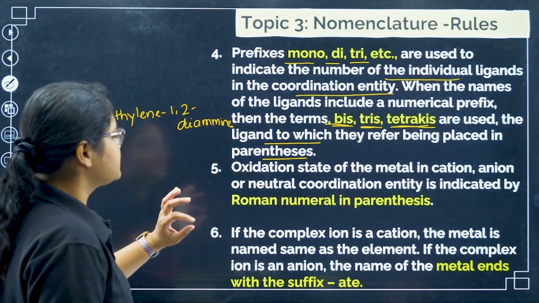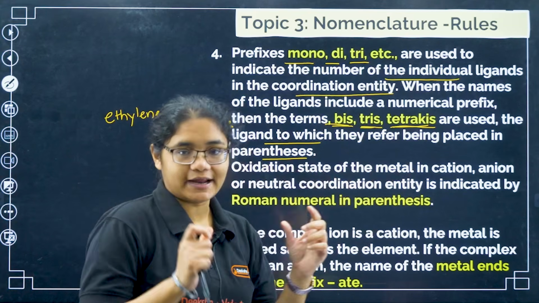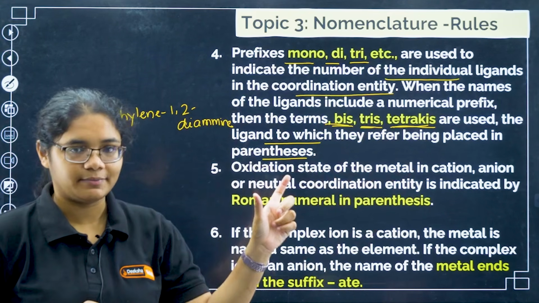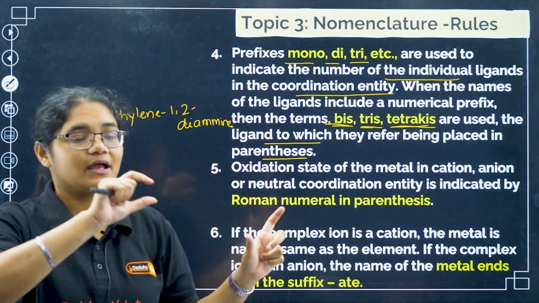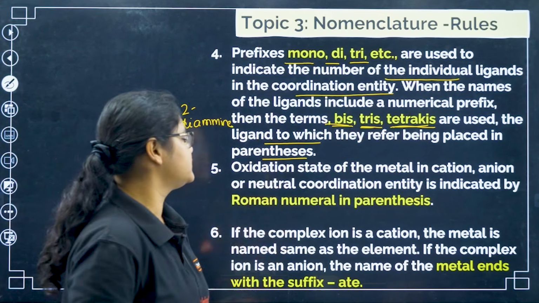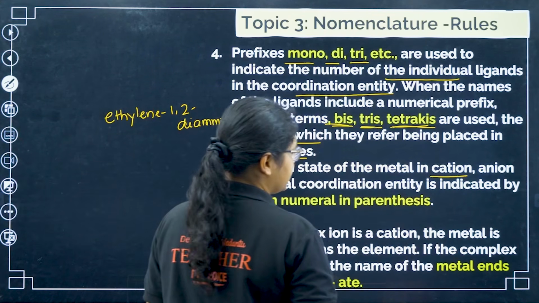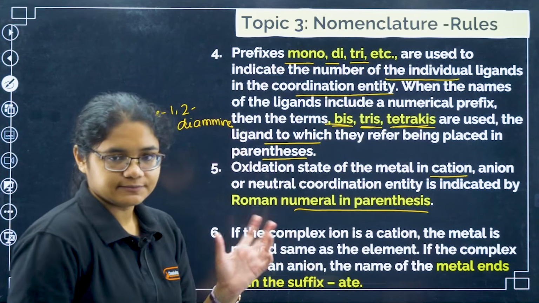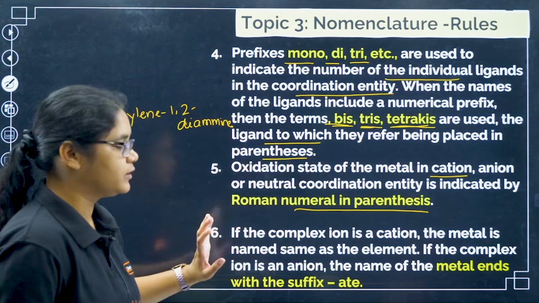Next, when you write the complex name, it is followed by the ligand names in alphabetical order, then the metal name, and after the metal name the oxidation state of the metal is written in Roman numerals in parentheses. I will give you an example, it will be more clear.